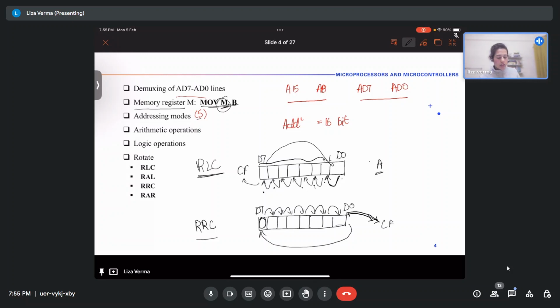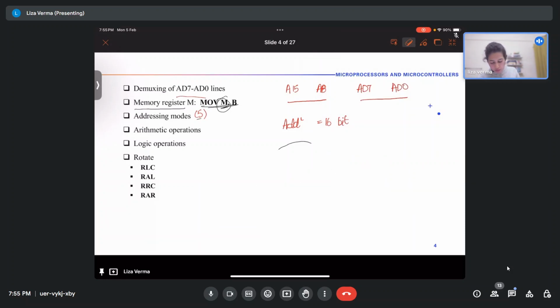Similar for RAL. Do I need to, or will you guys work with me for RAL? You can do RAL and RAR simultaneously. Let's say this is for RAL, RAR.